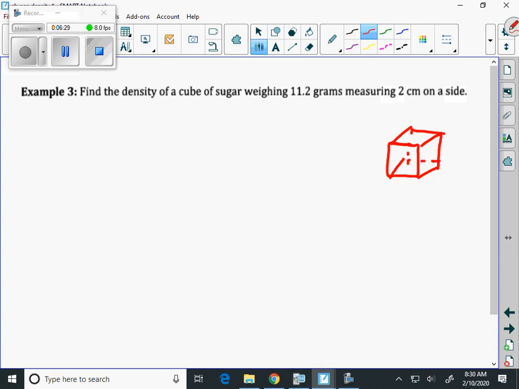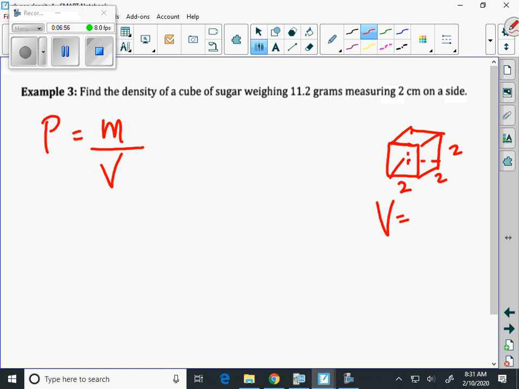All it says is find the density of a cube of sugar weighing that, and 2 centimeters on the side. We need to find the volume of the cube, because once again, the formula is P equals M divided by V.